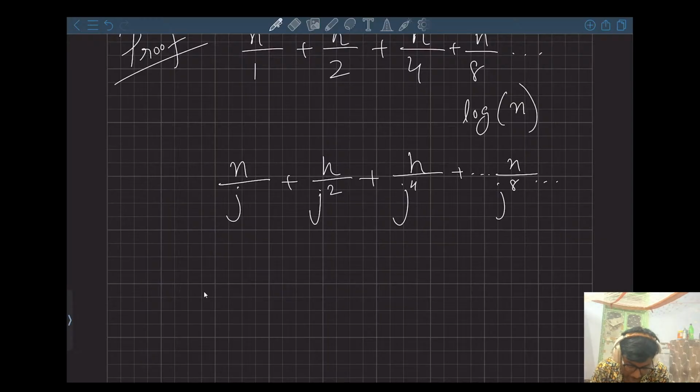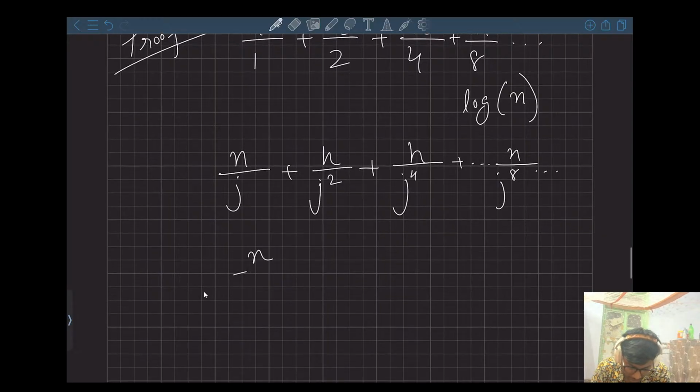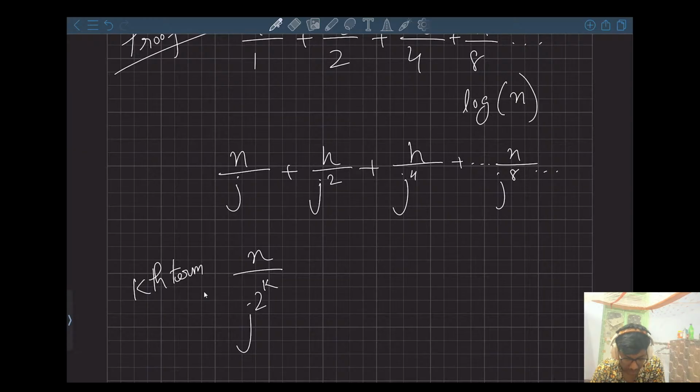Let's say the nth term is n by j to the power 2 to the power k. This is kind of the kth term. So the first term is j, the second term is j square, the third term is j to the power 4, right?